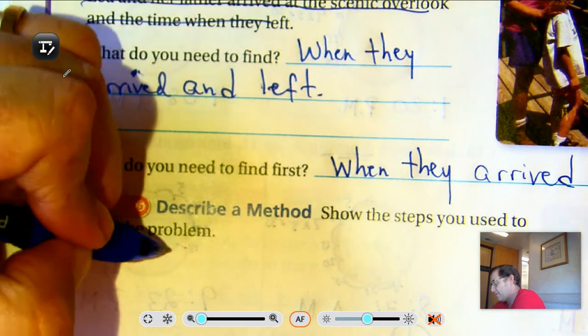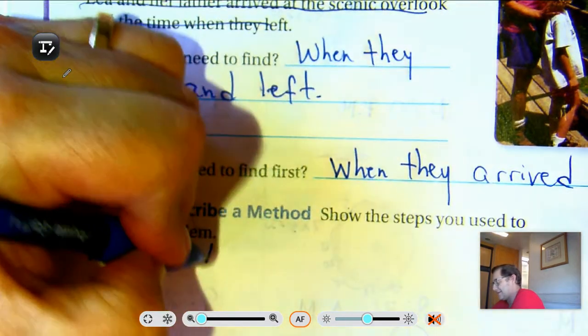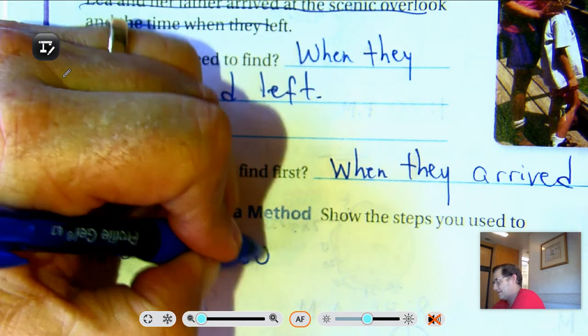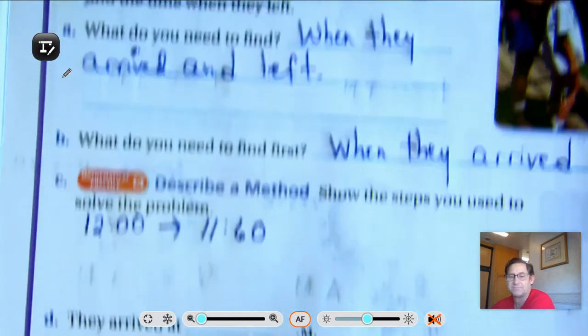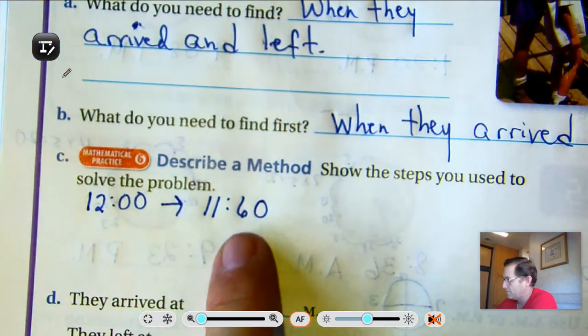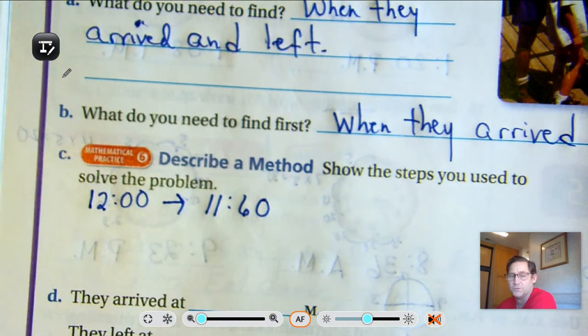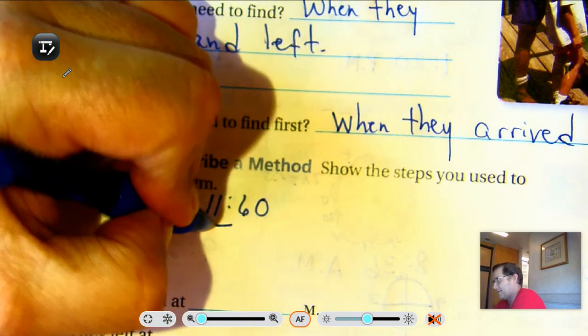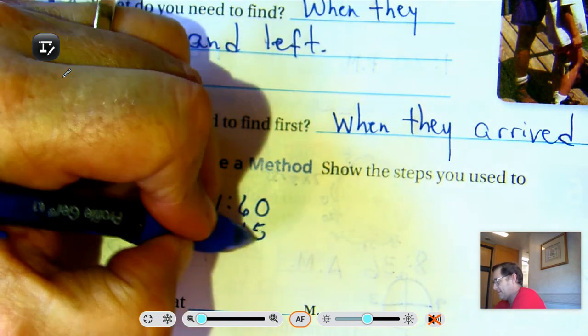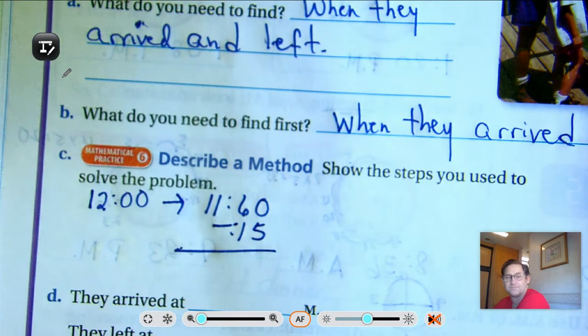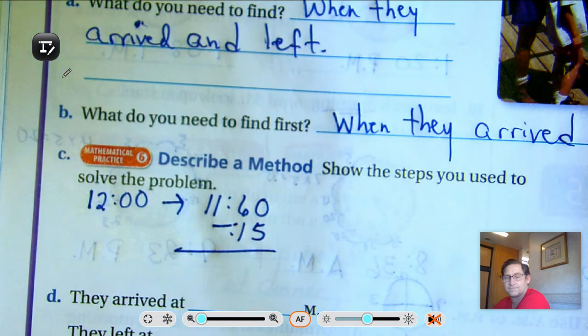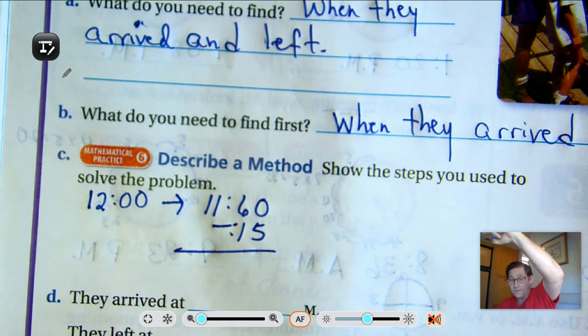So I can rewrite 12 noon as 11 hours and 60 minutes, right? When the minute hand reaches the 60th minute in the 11th hour, it would be 12 noon. 60 minutes minus 15 minutes. Okay, so we're at the 12 on the clock, the minute hand.